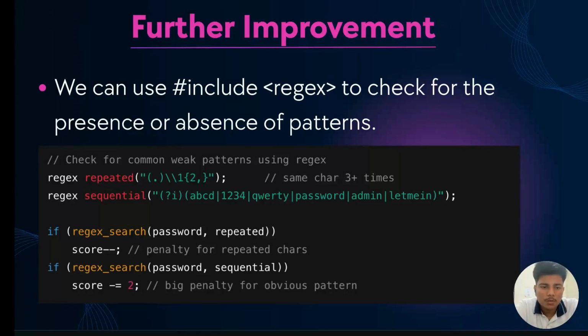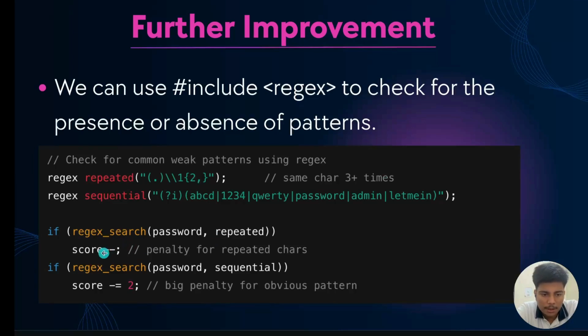Now to improve the password strength analyzer further, we can also include the regex library. Basically, it is a library used to check the presence or absence of patterns. For example, if I type here digits repeated and I add some random words, it will check if these are repeated or not.